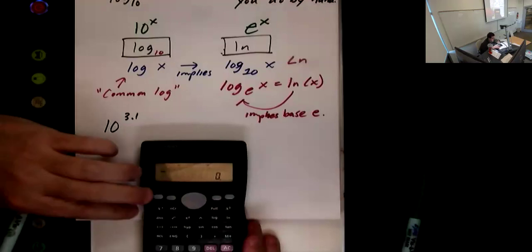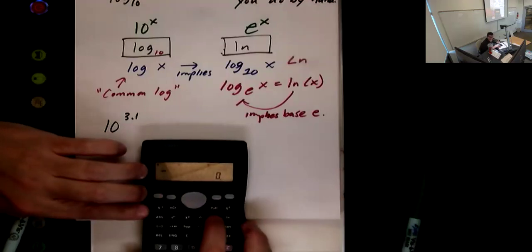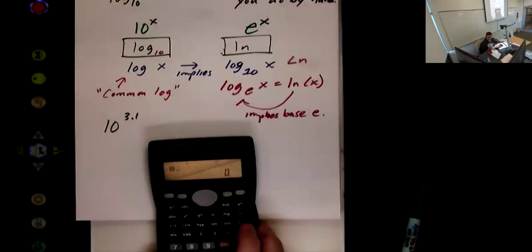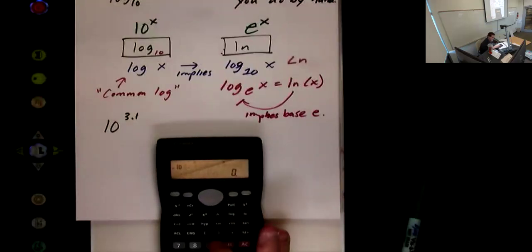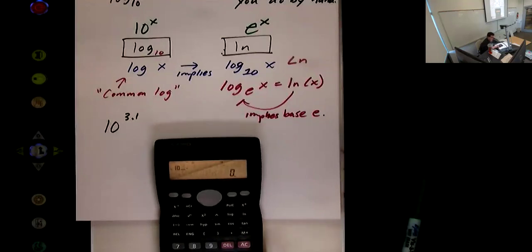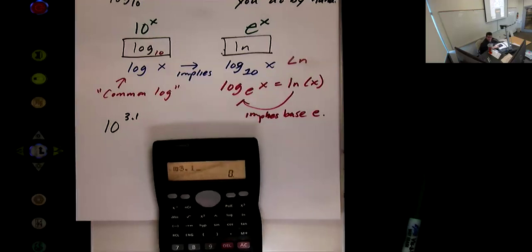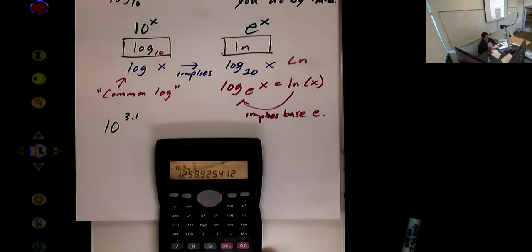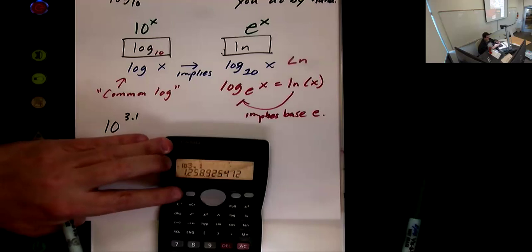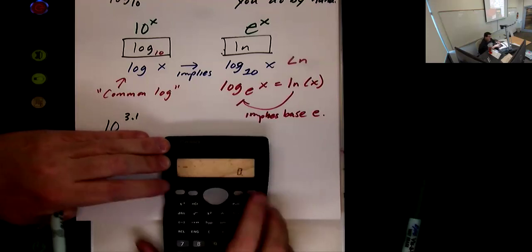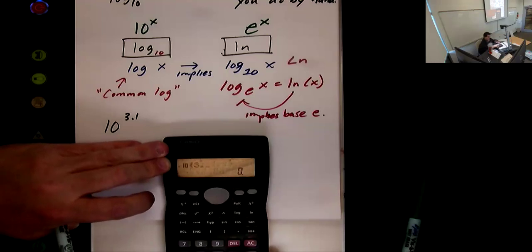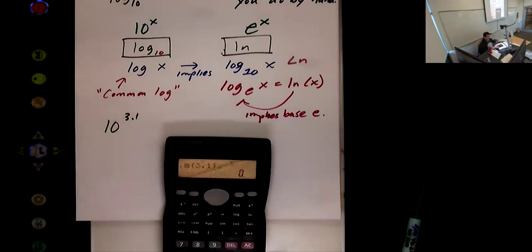I'm gonna hit shift and hit the 10, and notice that a 10 appears in a little window. I can directly put in 3.1, and I don't need a parenthesis, but it might make it easier to read. Shift 10, parentheses, 3.1.